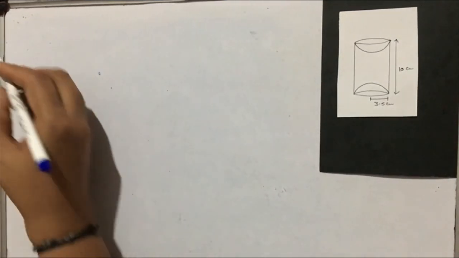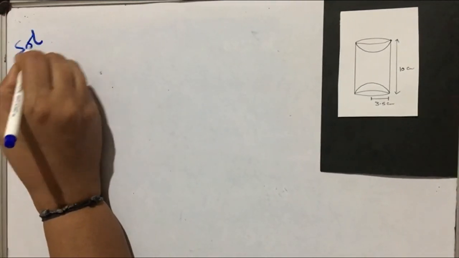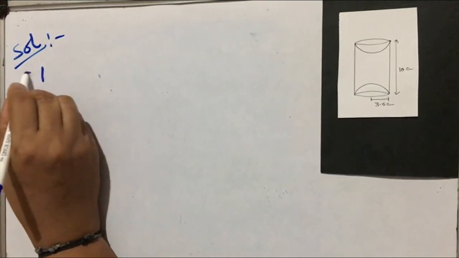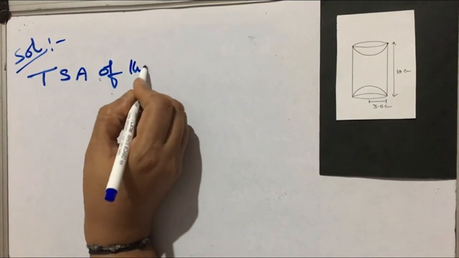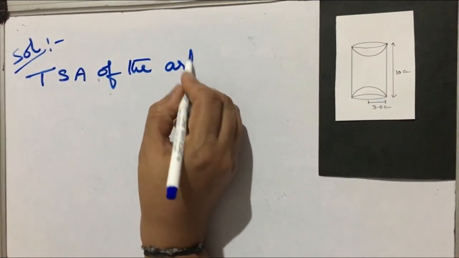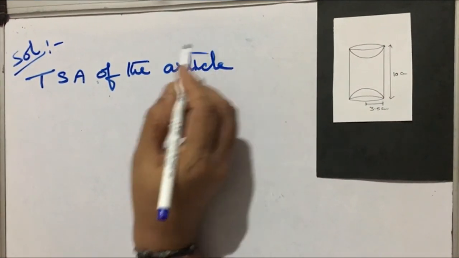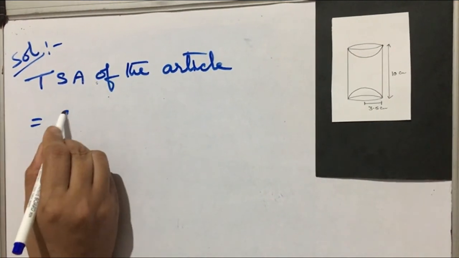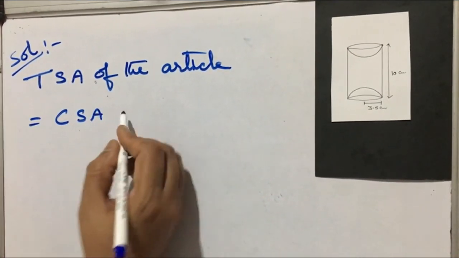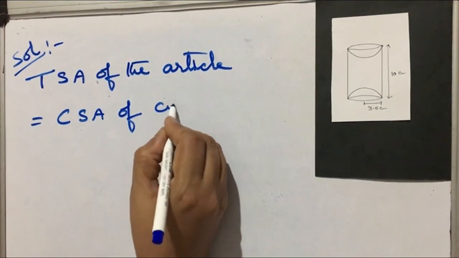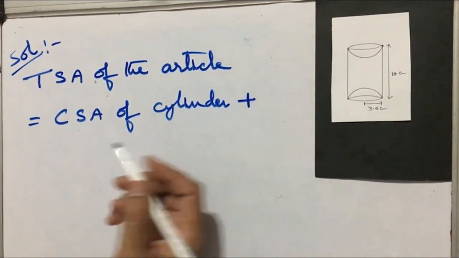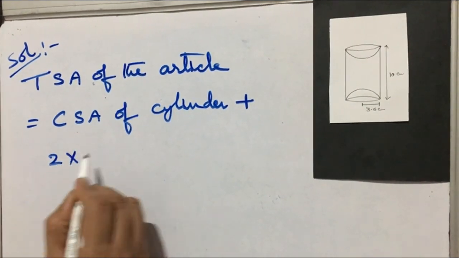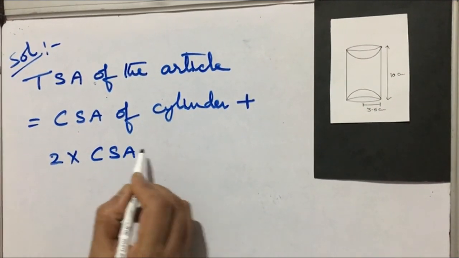So this can be written in this manner. TSA of this article is CSA of a cylinder plus two times the CSA of a hemisphere.